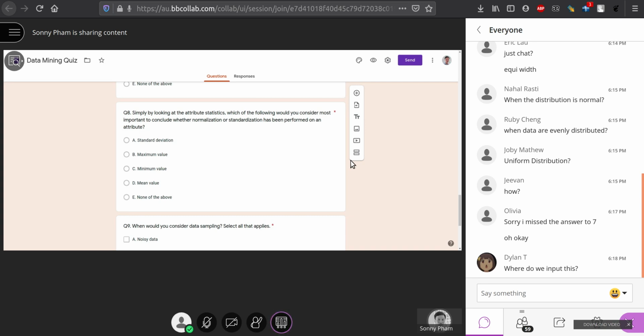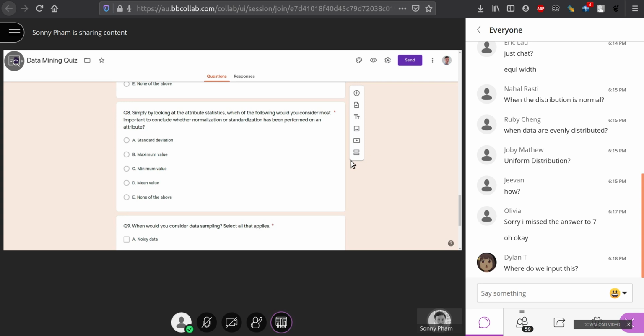All right, so we have lots of different choices. I end the poll here. Some of you selected standard deviation, some of you said maximum value, some minimum value and mean value.